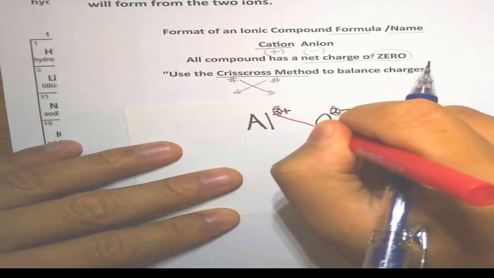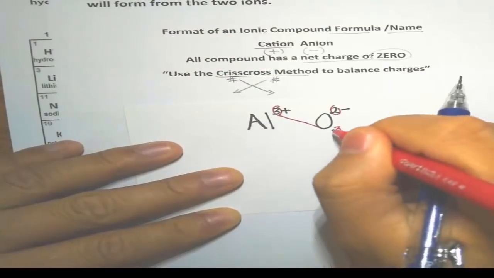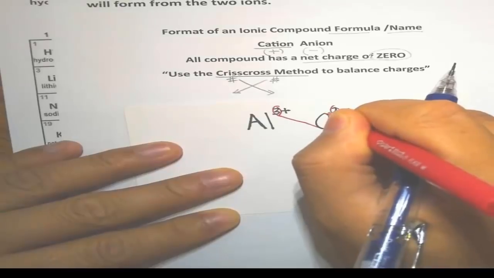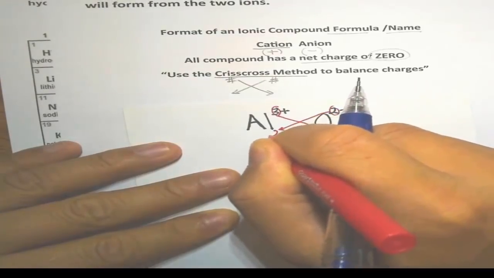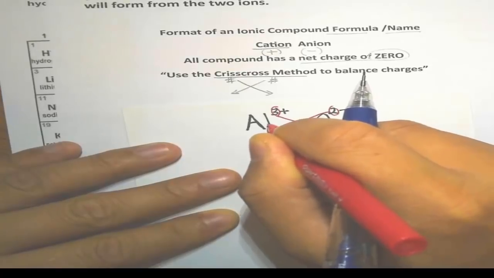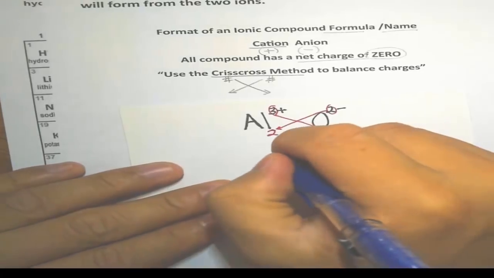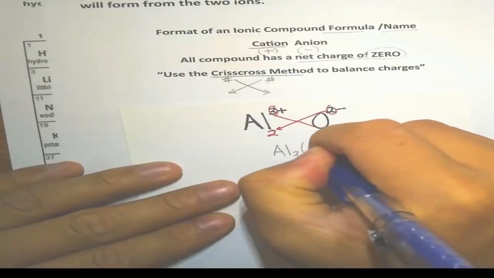I take down the 3, and it represents the number of oxygen ions, or specifically oxides, while the 2 crisscrosses and carries down, and that 2 represents 2 aluminum ions. Now we have our chemical formula, and we just rewrite it. So basically we have Al2O3.